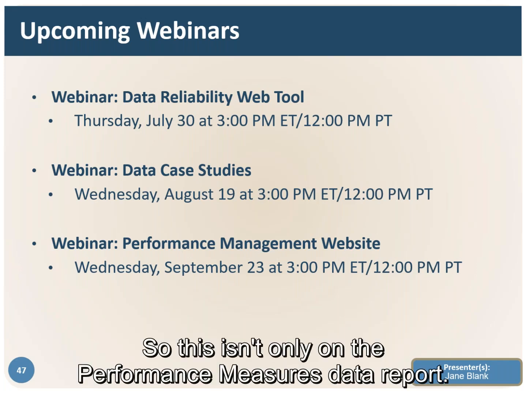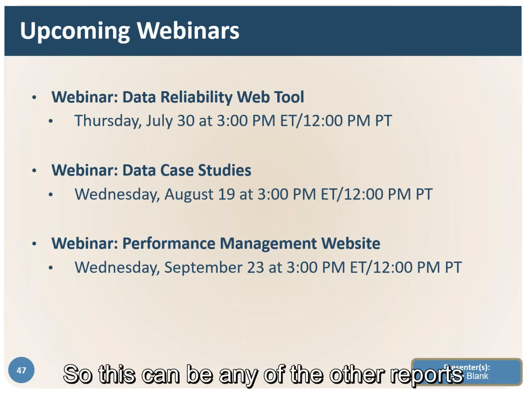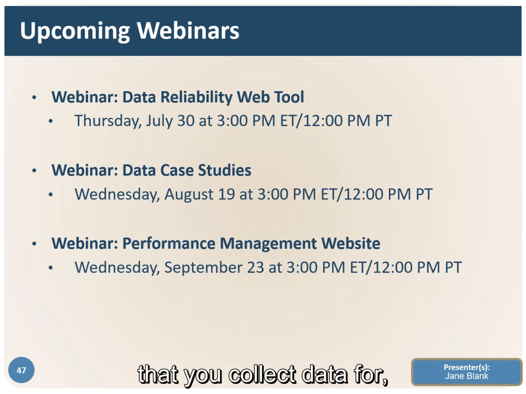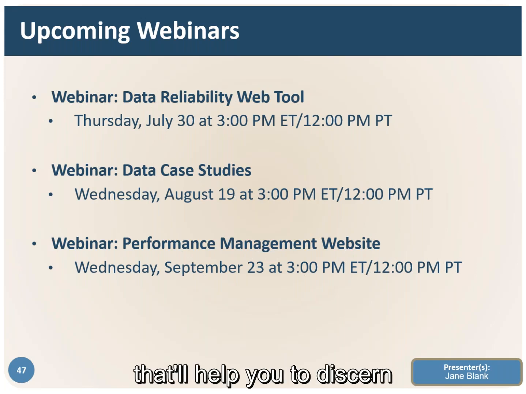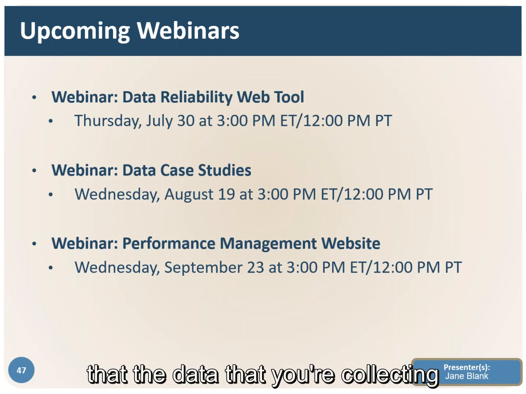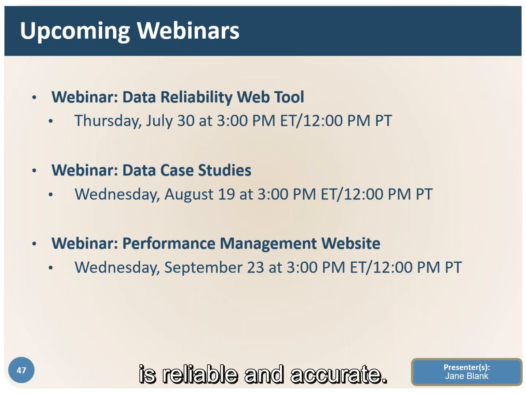This isn't only on the performance measures data report. This can be any of the other reports that you collect data for to report to HHS. It's a really cool, powerful tool that'll help you discern that the data that you're collecting is reliable and accurate.